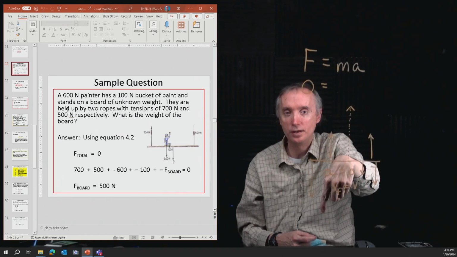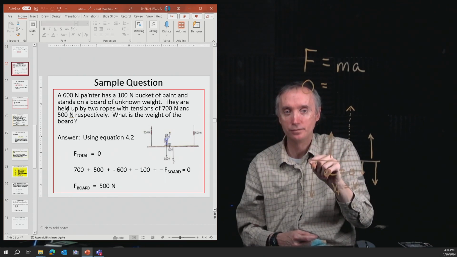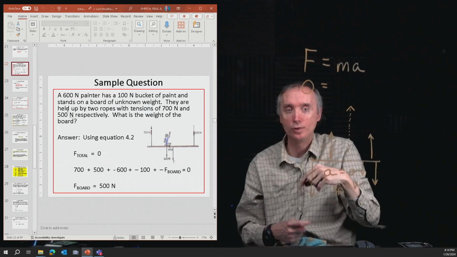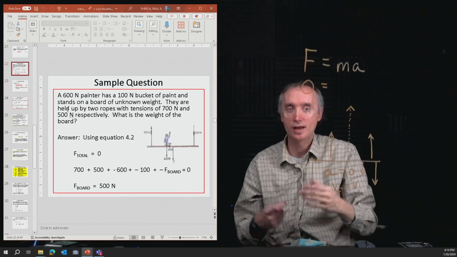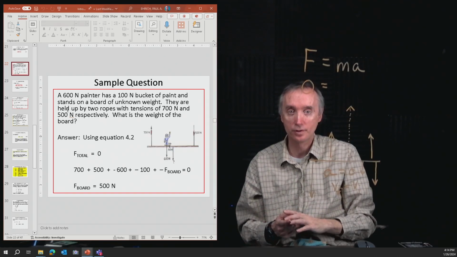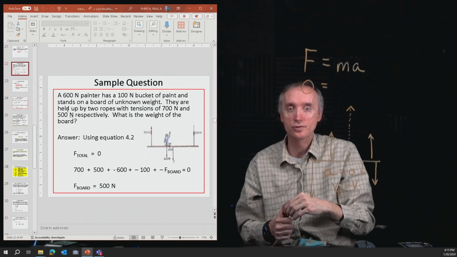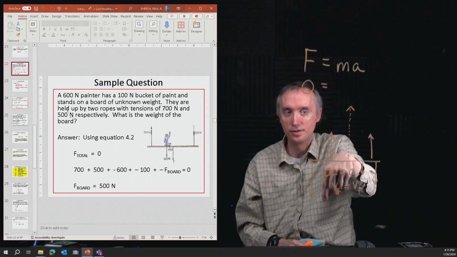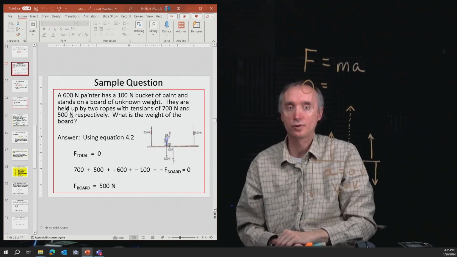That's going to be the 600, but notice we give it a negative sign because it's down, and then a negative 100, and then we don't know what the board is, so we just say F for board. Then we solve it, and it turns out that the force of the board had to be 500 newtons down.